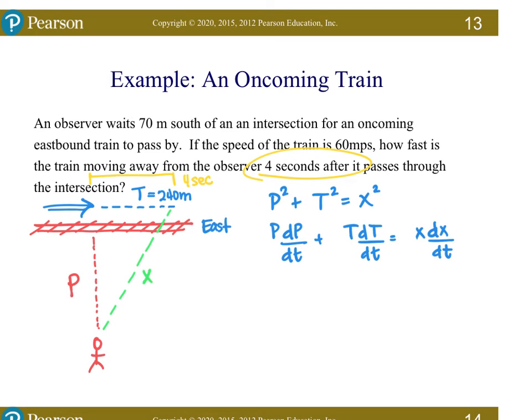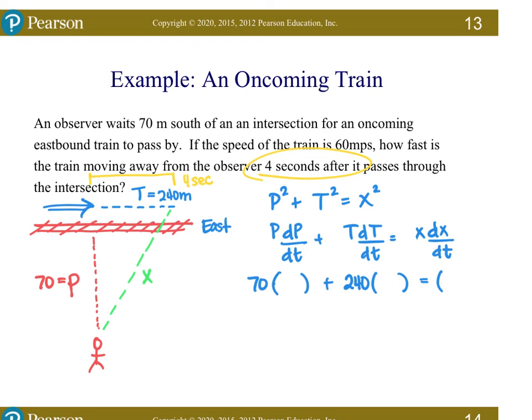So that will be my moment in time. Okay, then I'm going to freeze that. We also know that the person is standing 70 meters south, so we have that value as well. So we've got 70 for the person times dp dt plus the train, 240 times dt dt, and then equals x times dx dt.